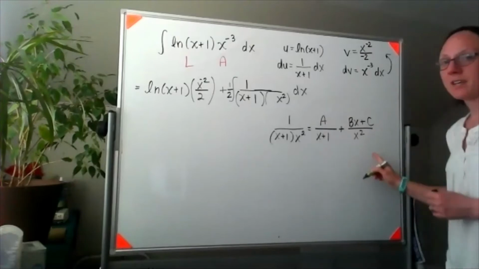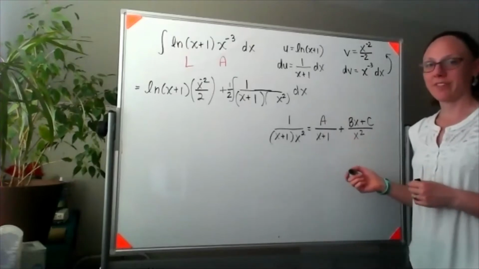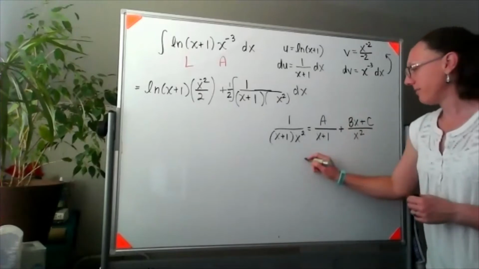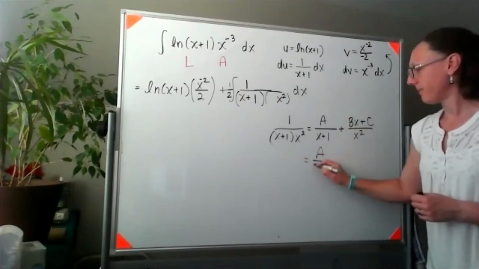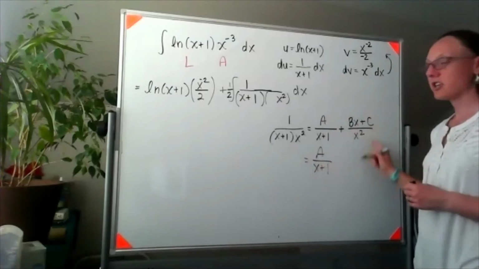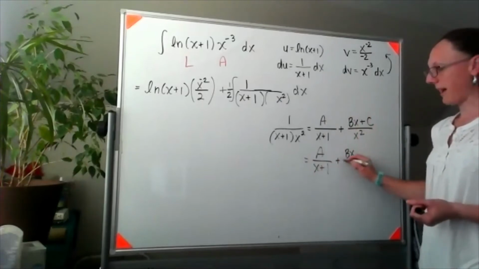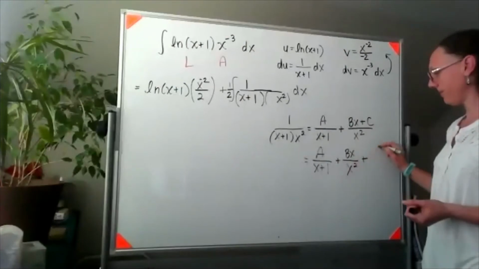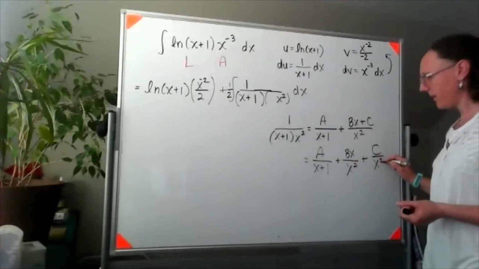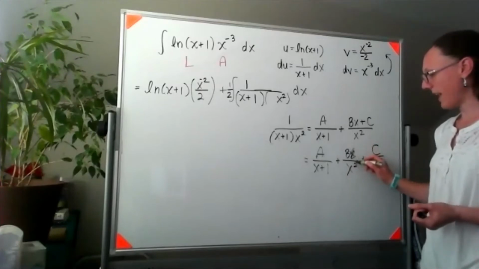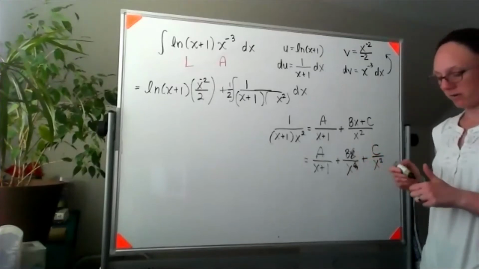And this works, but it's not usually the way we think about it. Because I have a single term in the denominator, I can actually break that up as 2 fractions, bx over x squared plus c over x squared. And on this term, one of those x's cancels out.